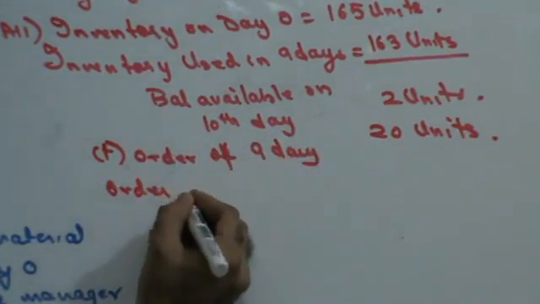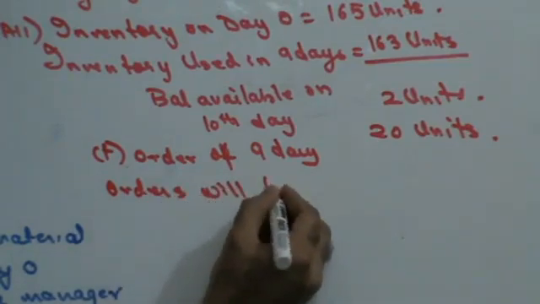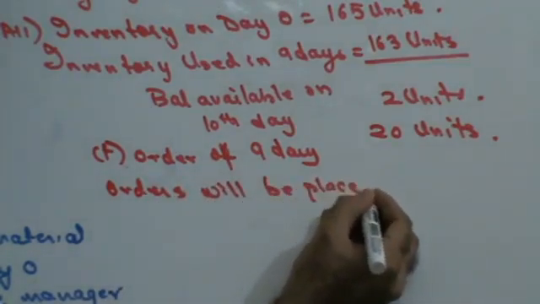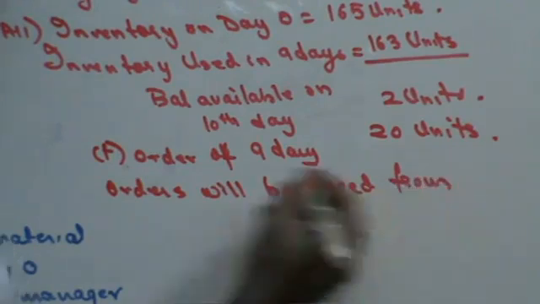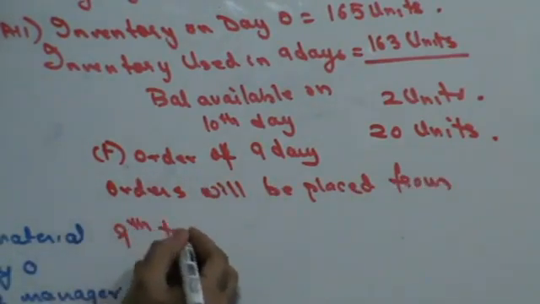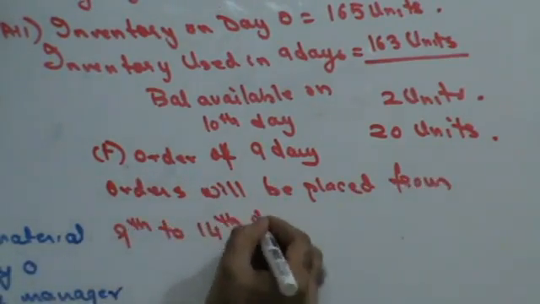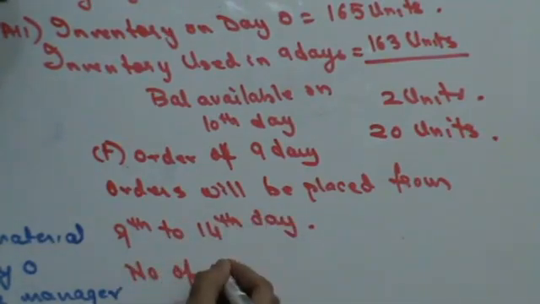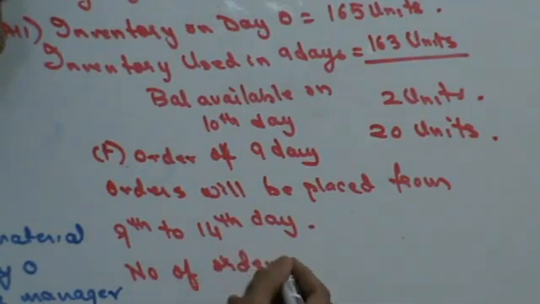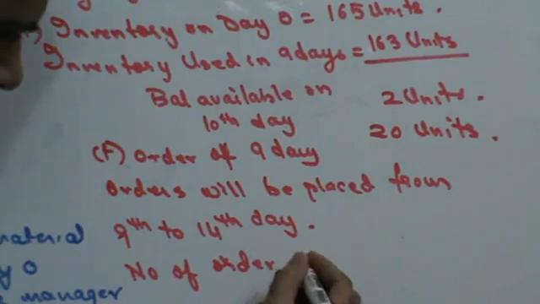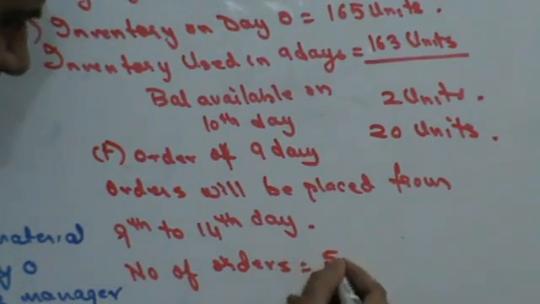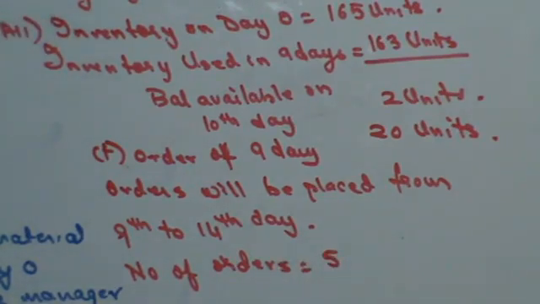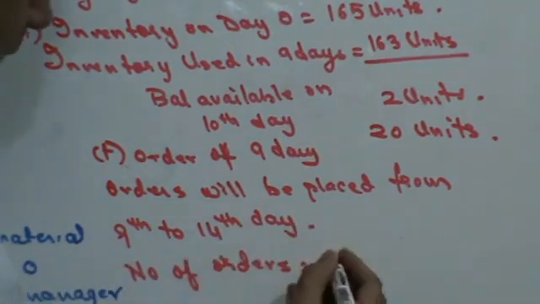Orders will be placed from 9th to 14th day. That means number of orders is going to be 9, 10, 11, 12, 13, 14. 6 orders I'm going to place.